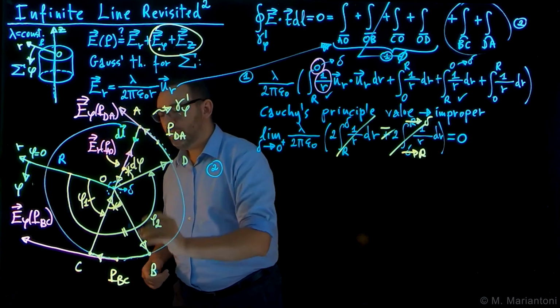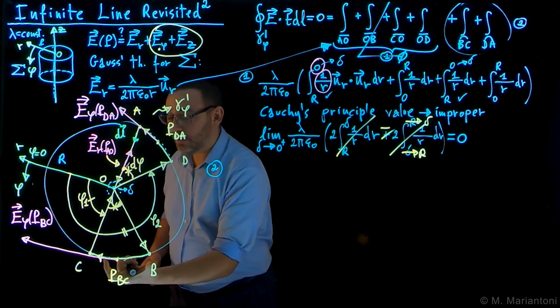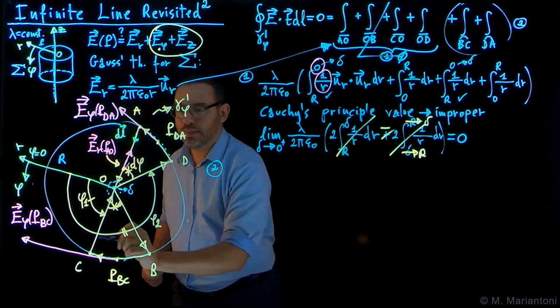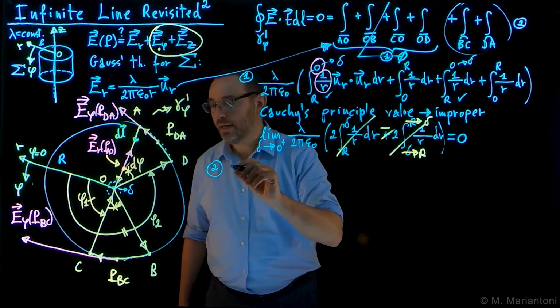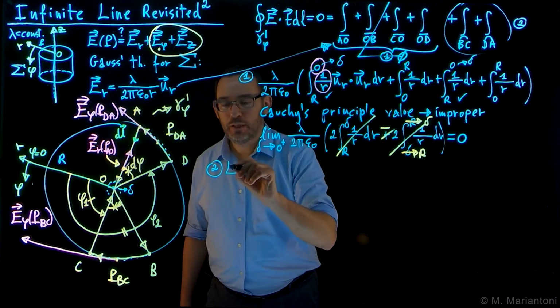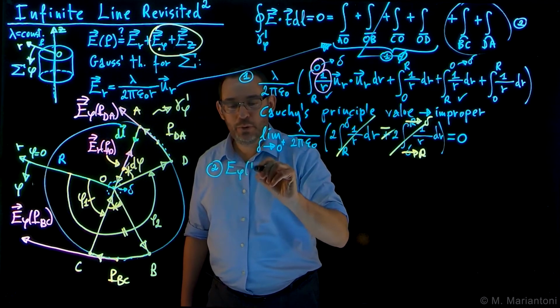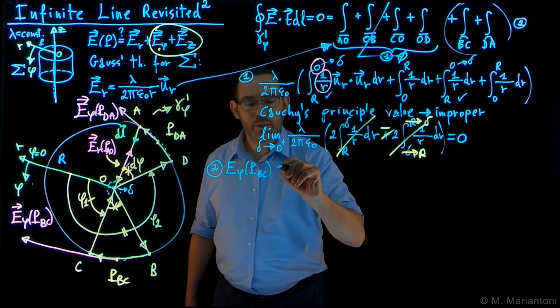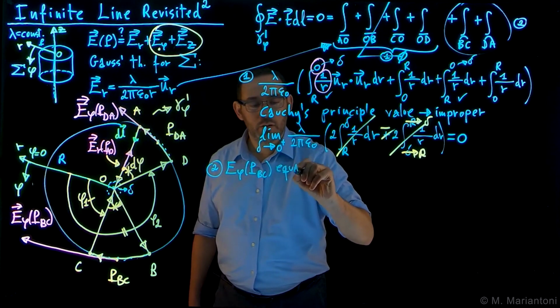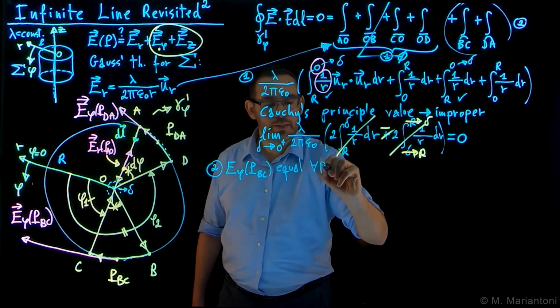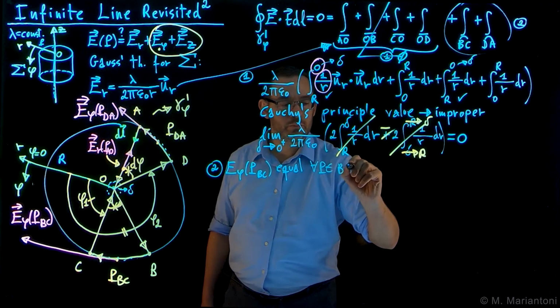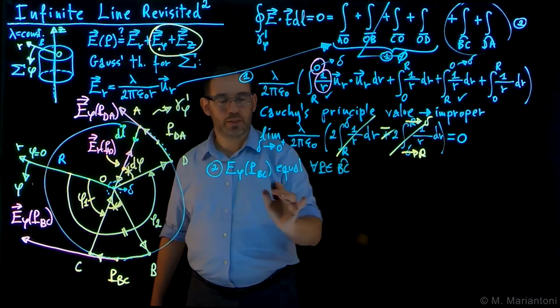Because of that, I can hypothesize that over the entire length of this infinitesimal object, this field is the same at each point on this length. So the hypothesis is that, for example, E var phi at point P BC is the same for each point on the arc BC. Okay, so that's the hypothesis.